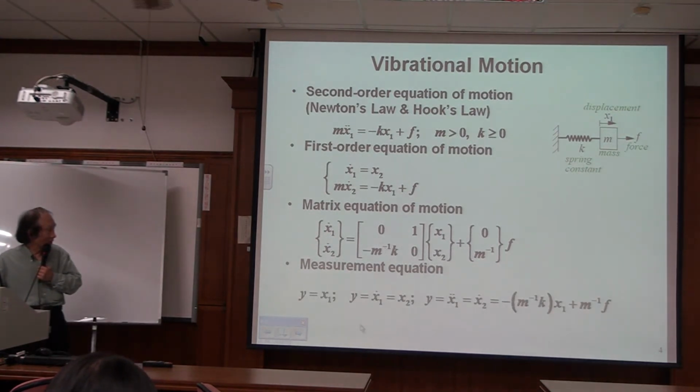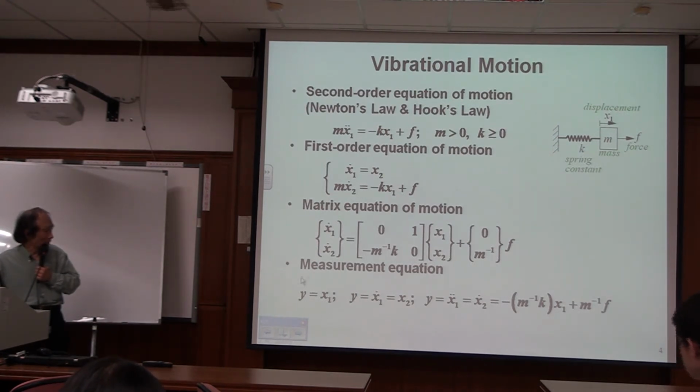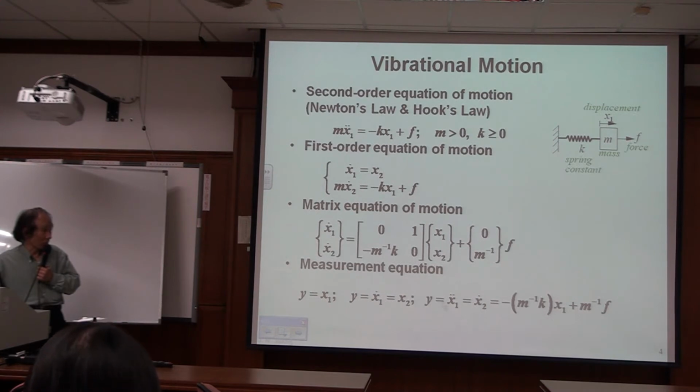The same thing, measurement equations. If you have displacement measurement, then your measurement equation y equal to x1. If you have velocity measurement, then y equal to x1 dot equal to x2. If you have acceleration measurement, then y equal to x1 double dot equal to x2 dot, equal to this.